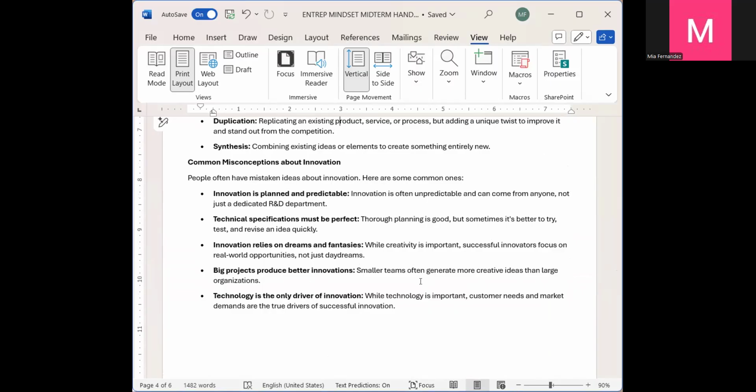So, one example is the invention of, I think, 3M sticky notes. They were trying to come up with a very strong adhesive, with the materials they had in mind, but they produced a weak adhesive.